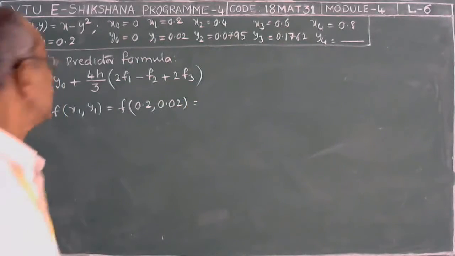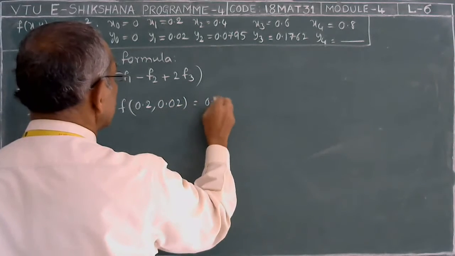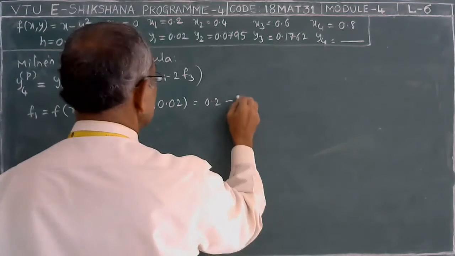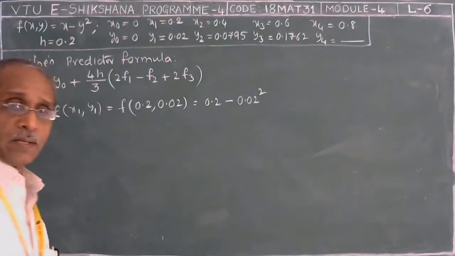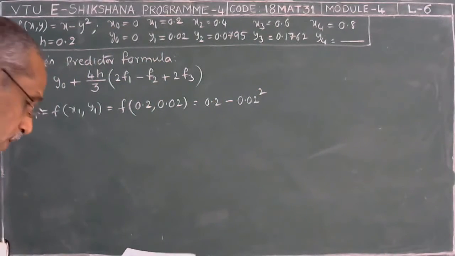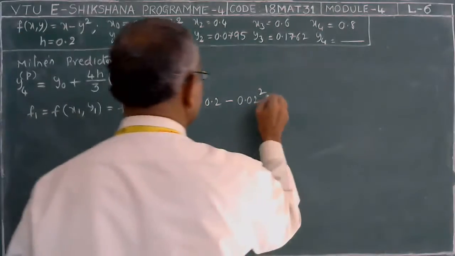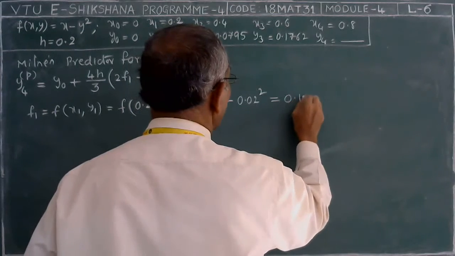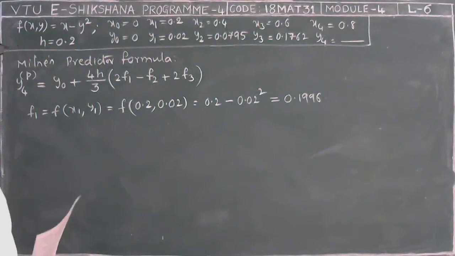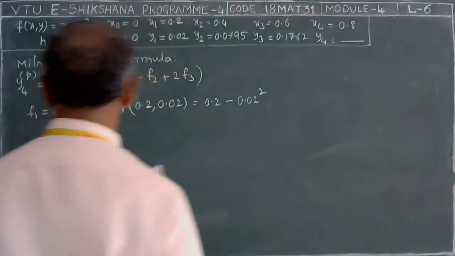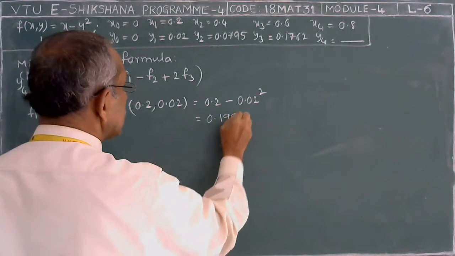Apply the definition of f of x comma y, x minus y square, that is 0.2 minus 0.02 square, and this is equal to 0.1996.